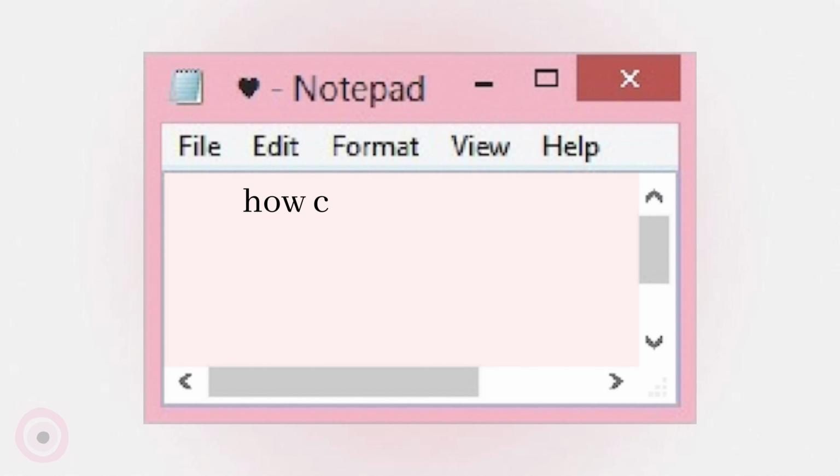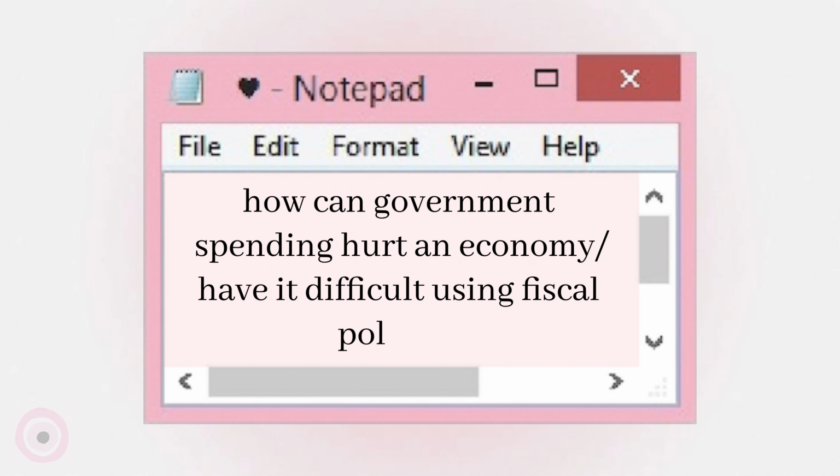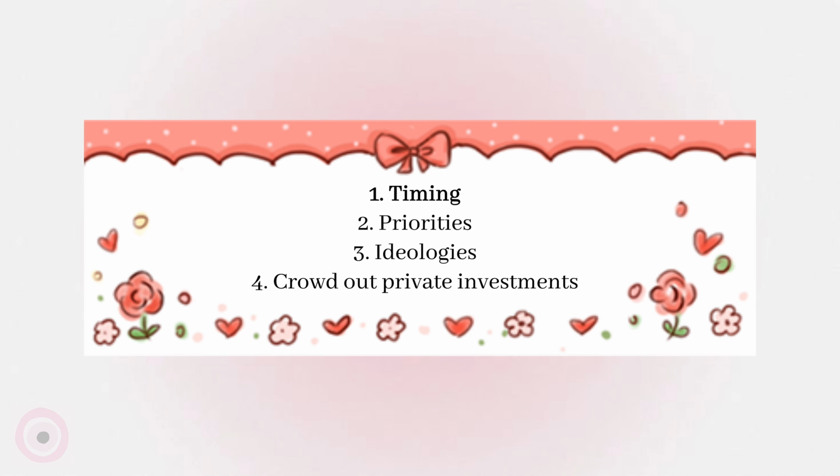But this is also very hard, because by increasing production without supporting inflation, the economy could lead to higher growth. How can government spending hurt an economy, or what are the difficulties of using fiscal policy? One difficulty is timing. It's very hard to know when to spend or save because everything can happen.